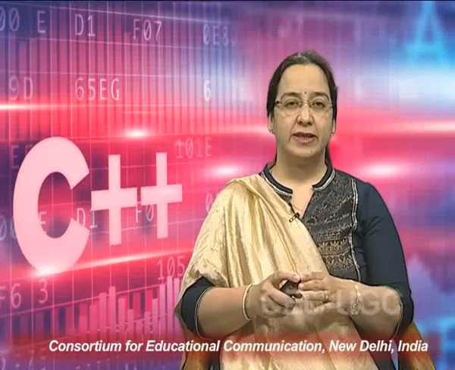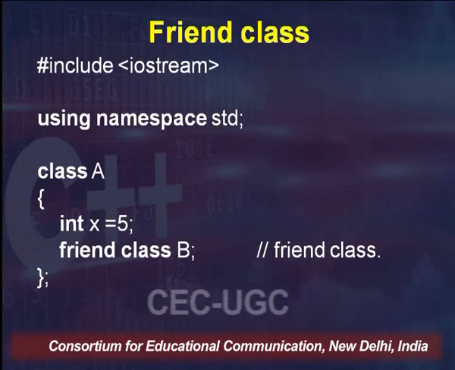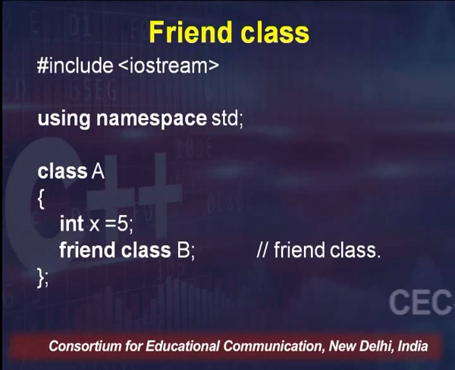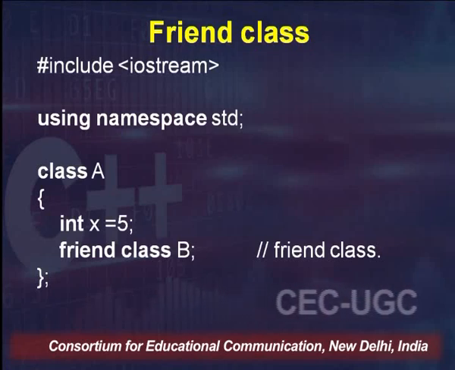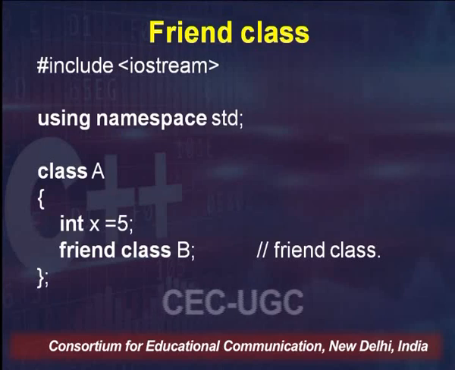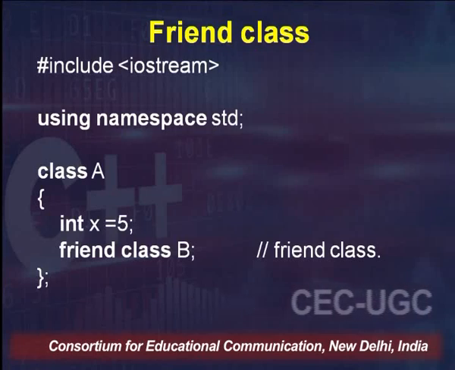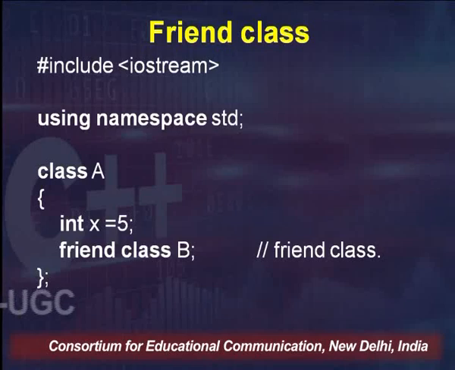So here, I have taken one class, class A, and within the private section we have one data member X, and its value is 5, and there has been declared a friend class, class B. Now your compiler is aware that class B is a friend to class A, because the keyword friend has been attached to the declaration of class B. That means class B and its member functions are now allowed to use this private member X, which belongs to class A.